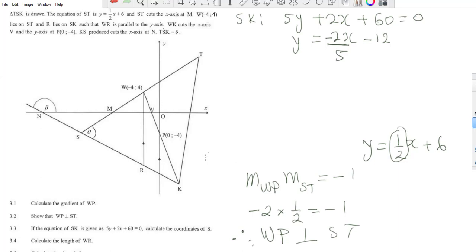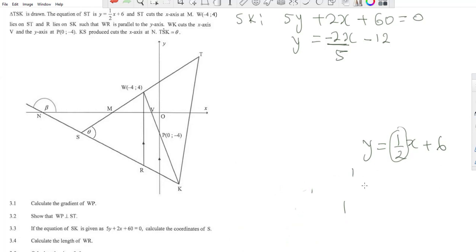Okay, so this is the equation of SK. Now they say calculate the coordinates of S. What will be the coordinates of S? The coordinate of S is the intersection of two lines. S is the intersection of the line SK and ST. This is ST, 1 over 2x plus 6.